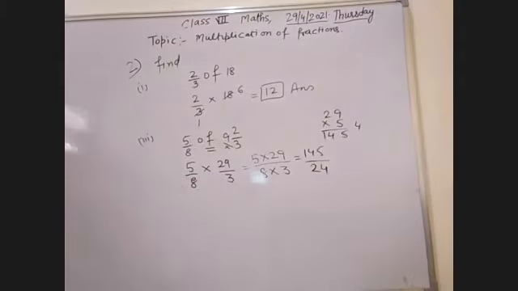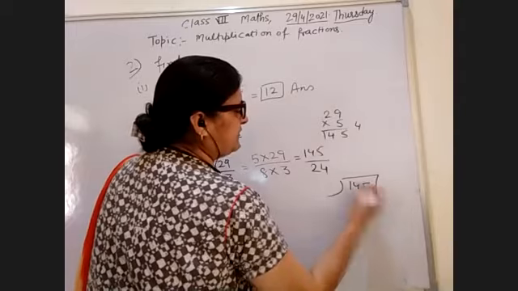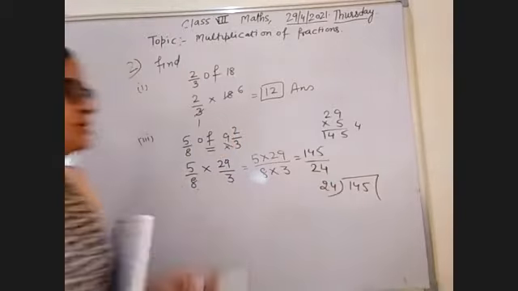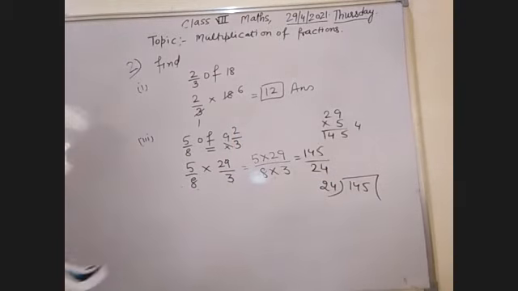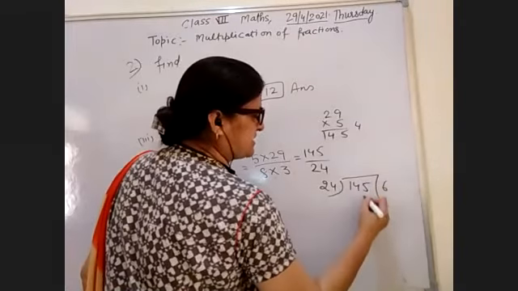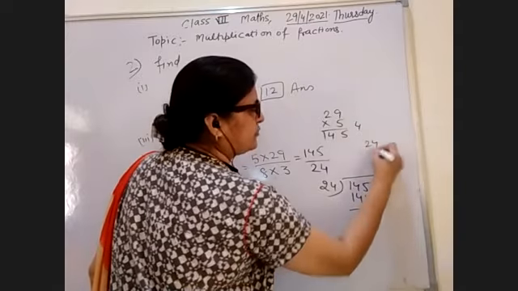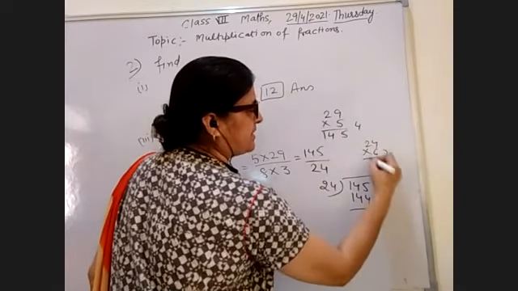Now you will change into the mixed fraction. How will you change this? 145 divided by 24. 24 fives are 120, 24 sixes are 144.